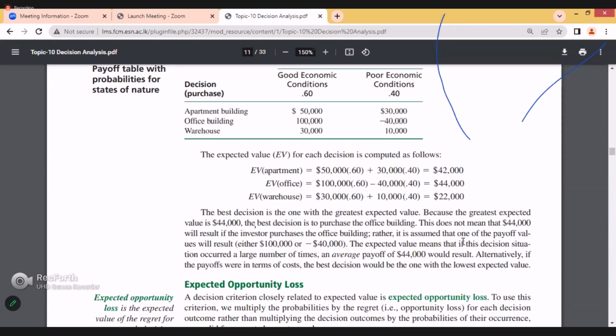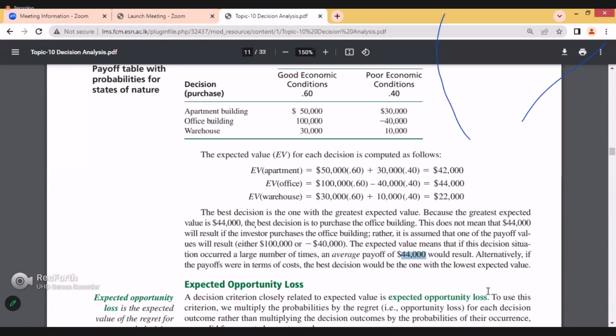We assume that one of the payoff values comes, but the expected value is a large-sample average payoff. Actually, it's an average. Something's going to happen, we don't know. We predict the chance, and on average, that is the payoff we make.